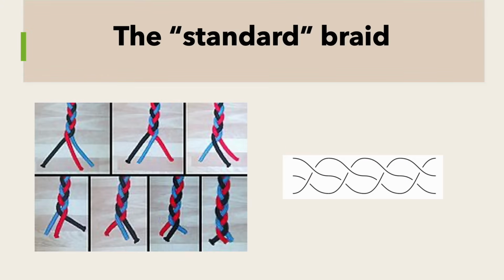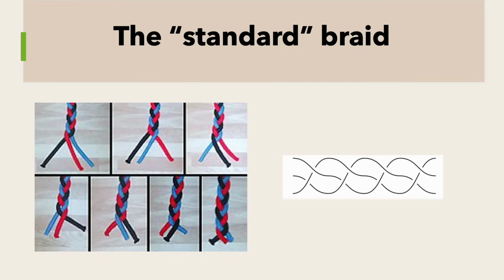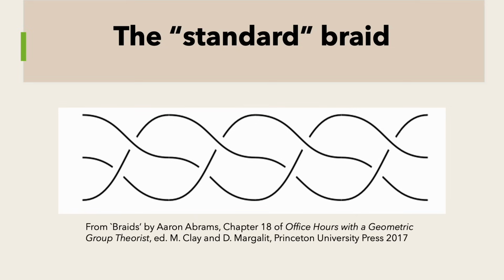Okay. So sometimes, instead of having our strands going top to bottom, it's easier to draw them going horizontally. That's partly because in this talk, I have more horizontal width than I do vertical width.